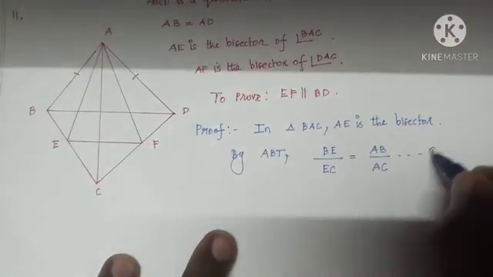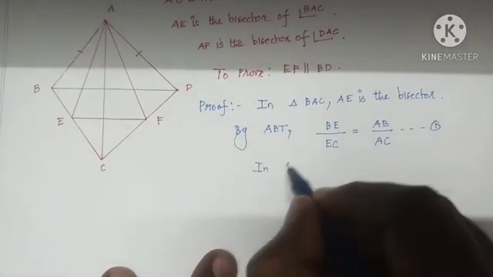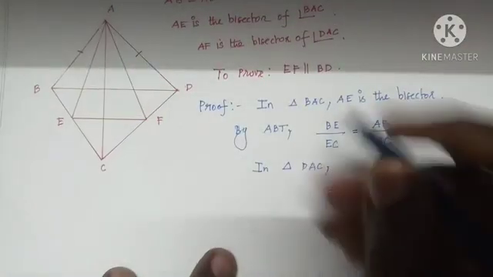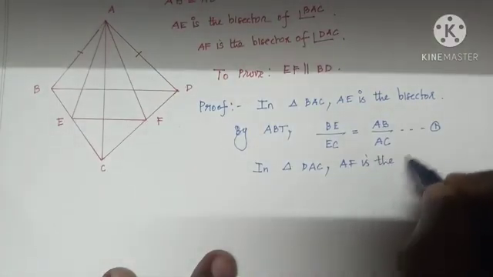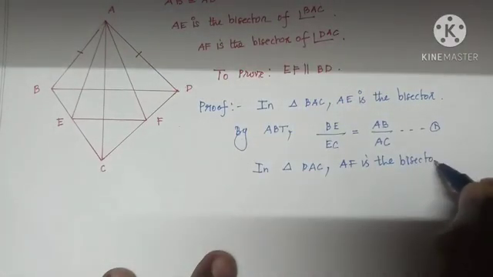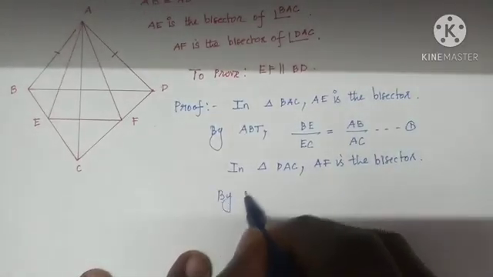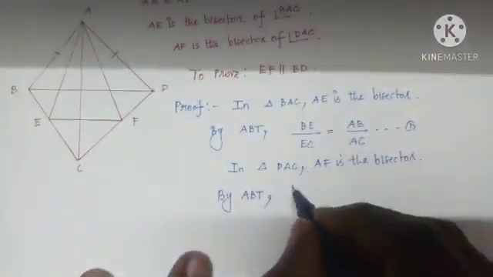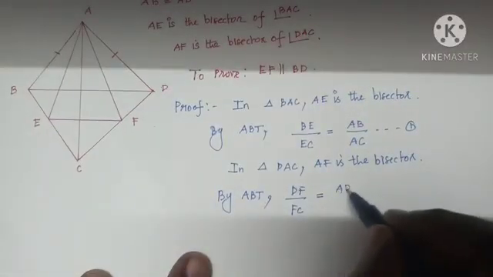This is the first one. Next, in triangle DAC, AF is the bisector. By applying the angle bisector theorem, we get DF by FC is equal to AD by AC.